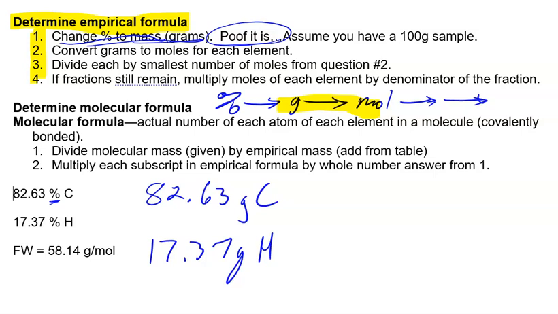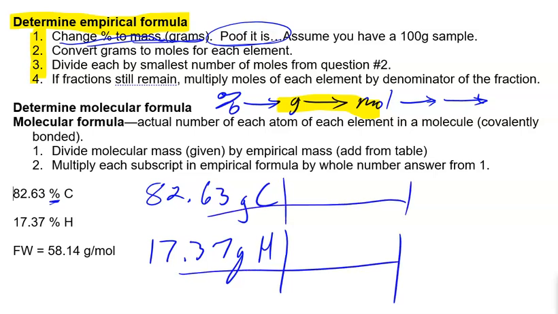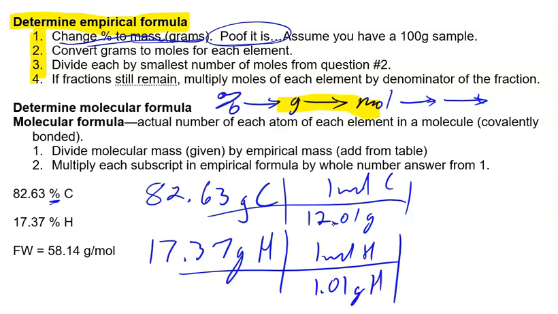So here we are, we're going to convert the grams to moles. Now these are going to be single elements and not diatomic because they're in compounds, and diatomic doesn't count if you're in compounds. So we're going to have atomic mass on the bottom, 12.01, then go into moles of carbon, and then 1 mole of hydrogen per 1.01 grams of hydrogen.